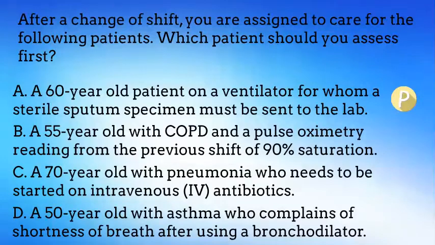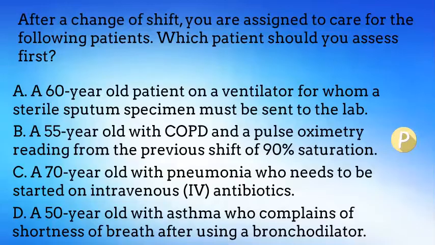Can the body get the oxygen it needs and get rid of the carbon dioxide it doesn't need? Since we're talking about oxygen saturation, this would fall under breathing. The body is using the oxygen it took into the lungs with about 90% efficiency. So we can agree that this falls under B, breathing. Therefore, B becomes our priority.